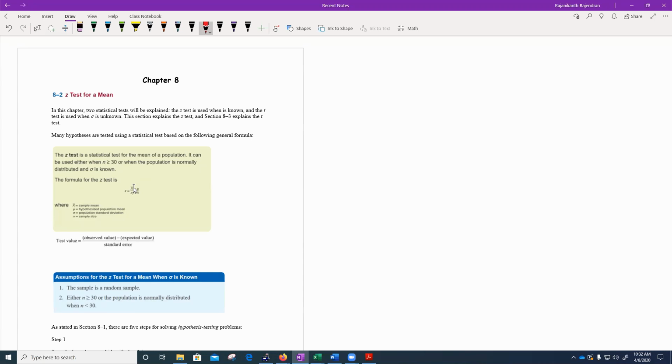Remember? We had two cases there, right? The population standard deviation, little sigma, is known or not. Here also we have two scenarios to find the test statistic. The first case is when sigma is known.